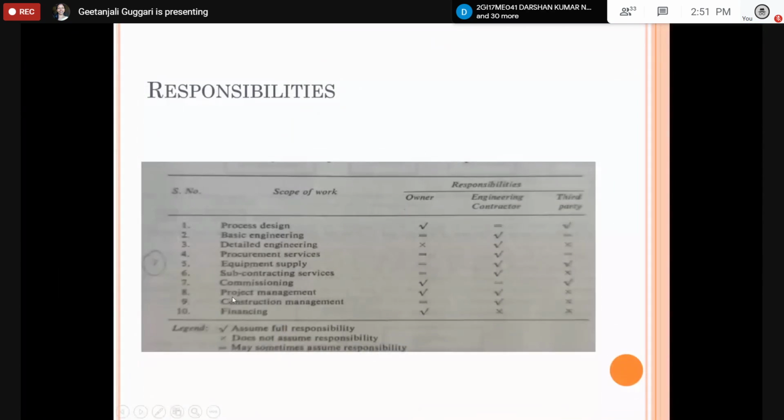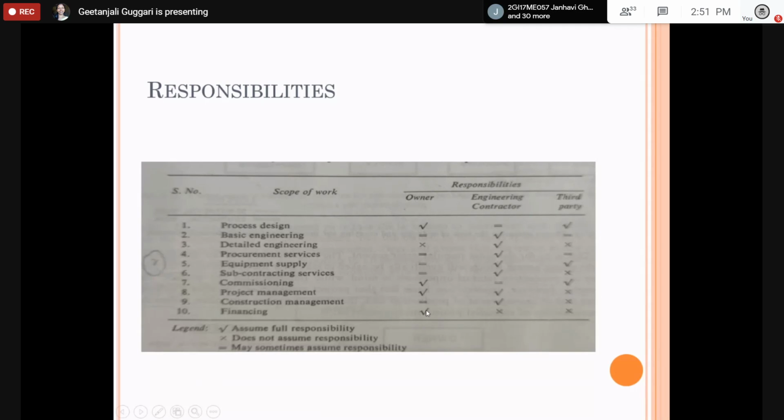Then project management: the owner is responsible, the engineering contractor is responsible, the third party is not at all responsible. Construction management: yes, of course the engineering contractor, maybe partially the owner also.